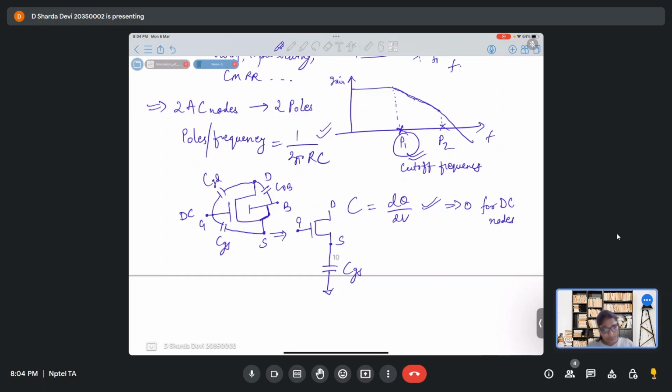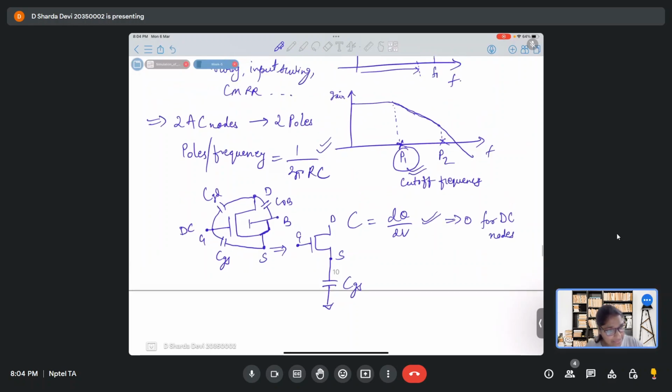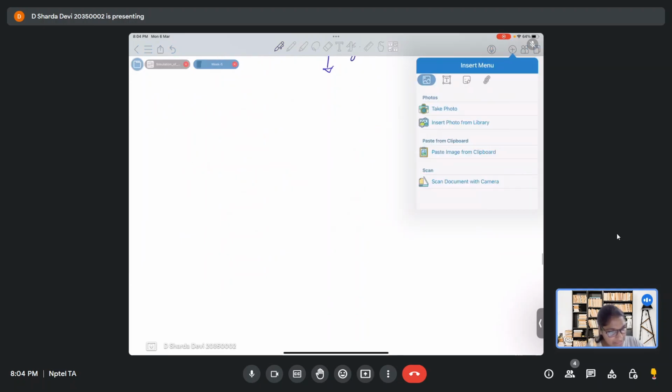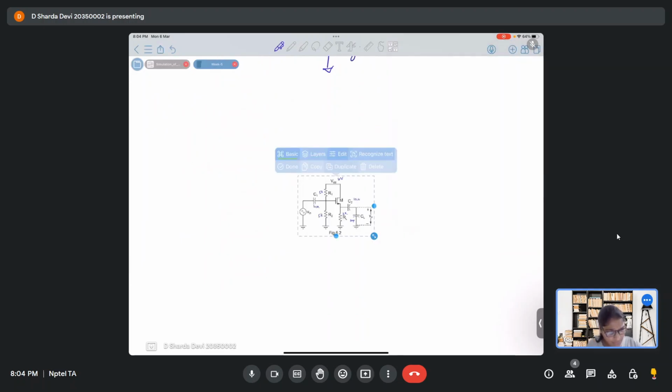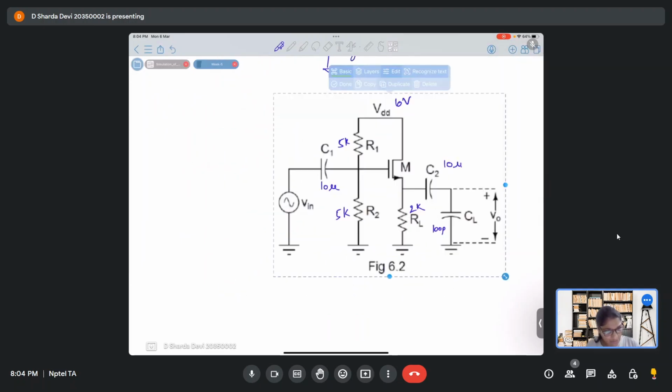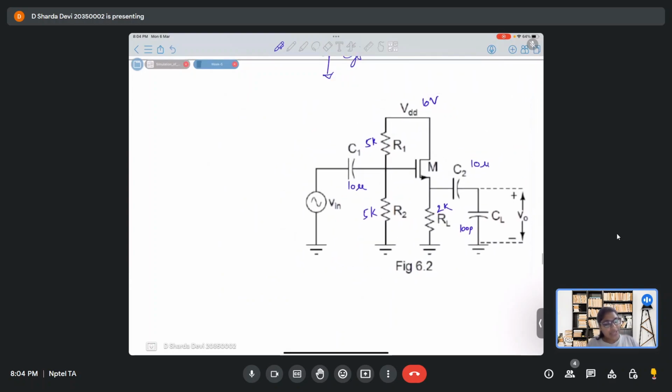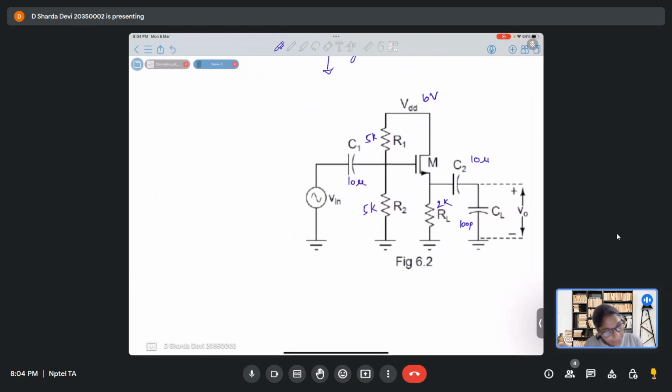Okay. So with that, now let's see what are the capacitances that we are actually going to see in this image or in this circuit. So here you see carefully, यहाँ एक capacitance होगा, right? This will be known as CGD. This will be known as CGS.